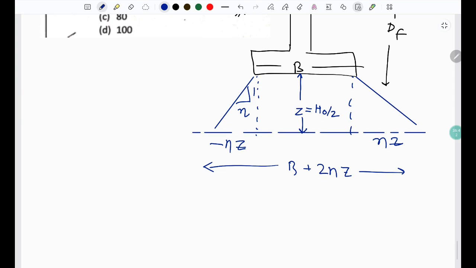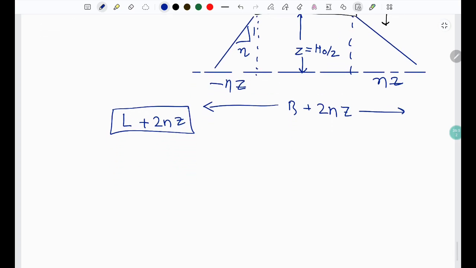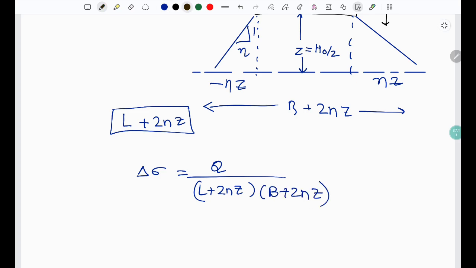Similarly in 3D, the length becomes L plus 2nz along the length, and then we use the formula delta sigma, that is average stress, is equals to Q over L plus 2nz into b plus 2nz.